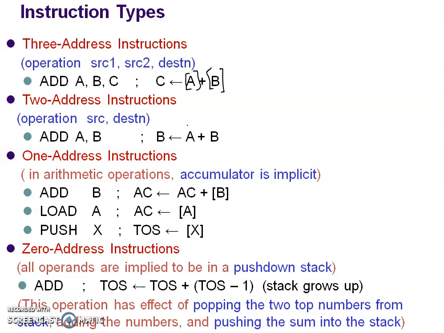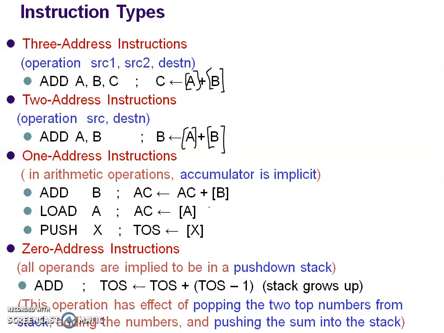Similar is the case with the 2 address instruction. The operand field will be having 2 addresses, and 2 operands it will be having. And in case of 1 address instruction, it will be having only 1 address, and the second operand will be considered to be the accumulator.